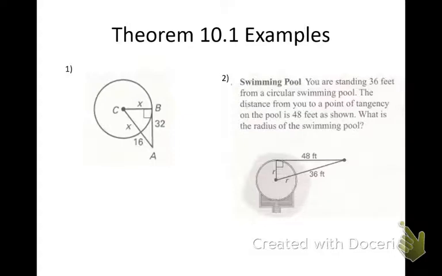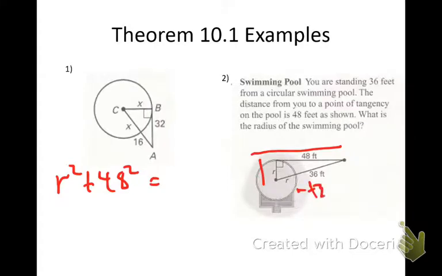Gunnar, how would I set it up? Use Pythagorean theorem too. Right, so we would have r squared, the legs, make sure you use the legs. The legs are the ones that make the right angle, so it would be r squared plus 48 squared is equal to, this side is r plus 36, squared.